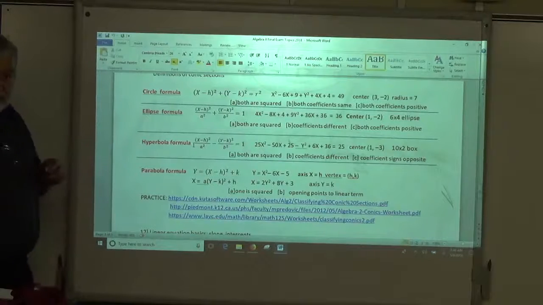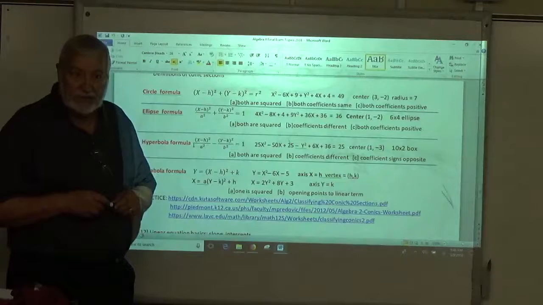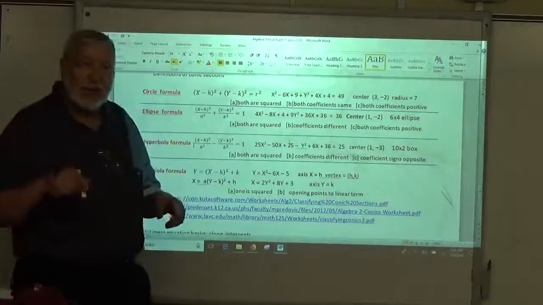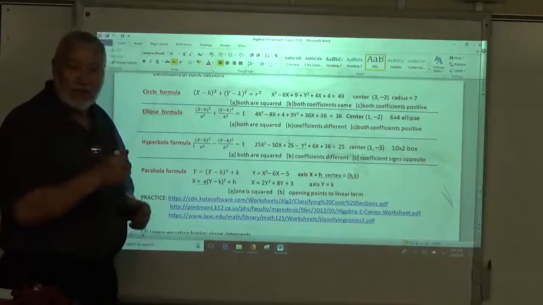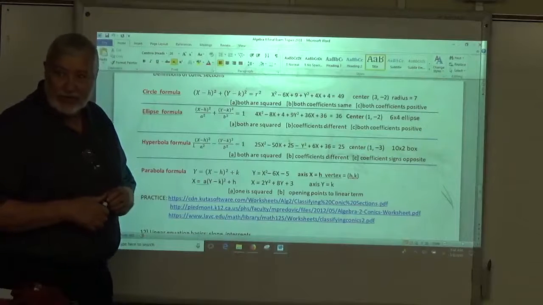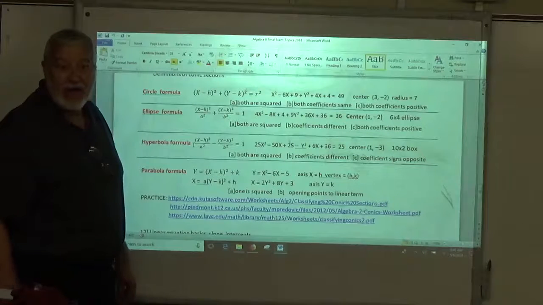How to tell the difference, and you will have to be able to complete the square. What's the major word for completing the square? That you have half, right? So when you factor the number, then you take half of the middle term, and then the extra number that you're adding, you have to do correctly.